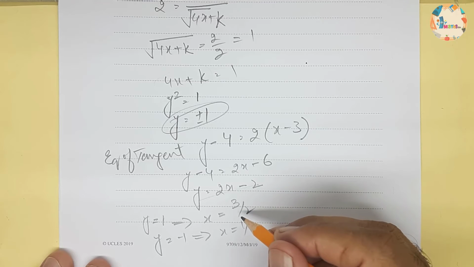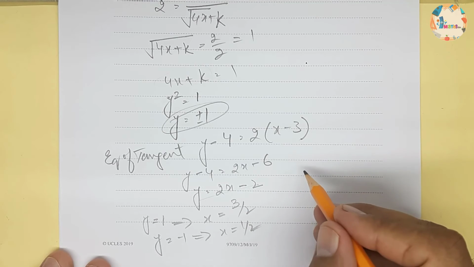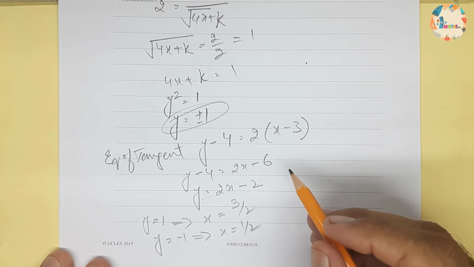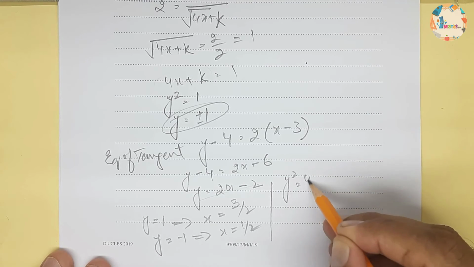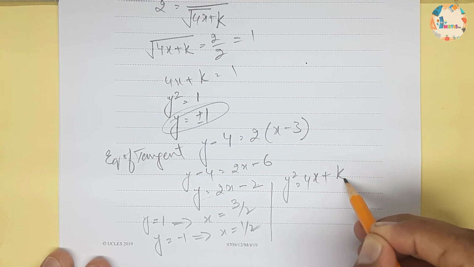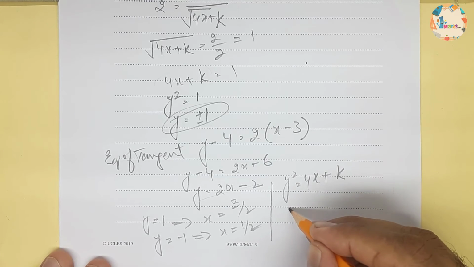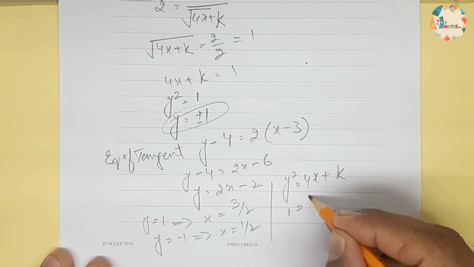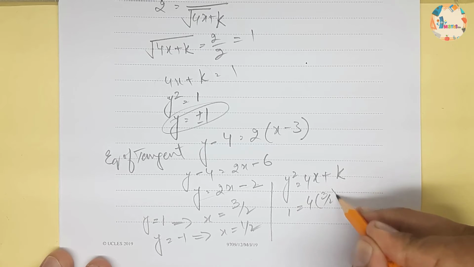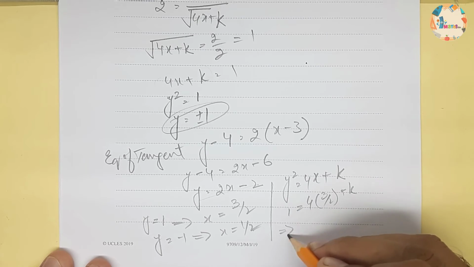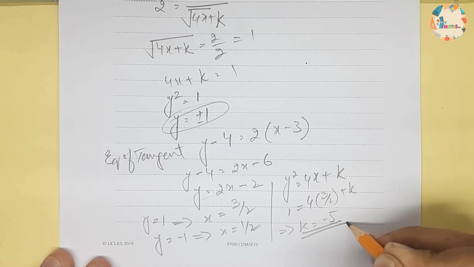Now we have to find the k value, and we know we have this equation y squared is equal to 4x + k, which is provided. Now we can replace the y value as 1, and this will be 4 into x, which is 3/2, plus k, and this implies k is equal to minus 5. So k is equal to minus 5.